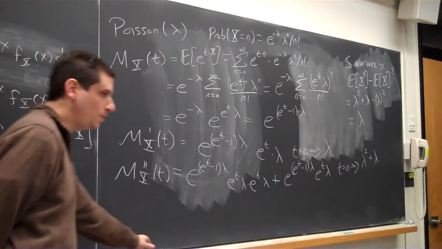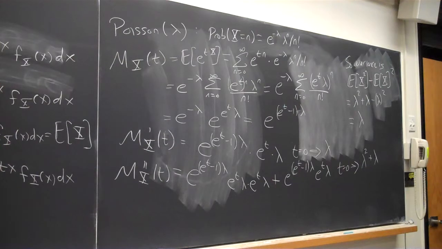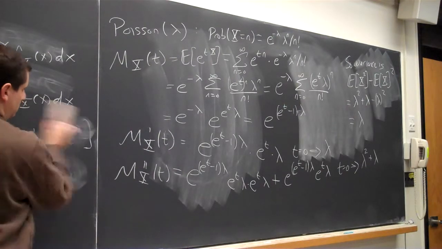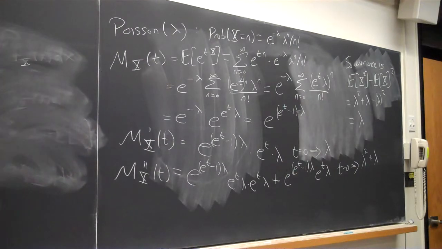Okay? What I want to do now is I want to show you a way to bypass taking derivatives. And the algebra we're going to see here will be very useful when we get to proving the central limit theorem. So look at this as either a way to bypass the derivatives or to put some useful algebra in the bank for later.